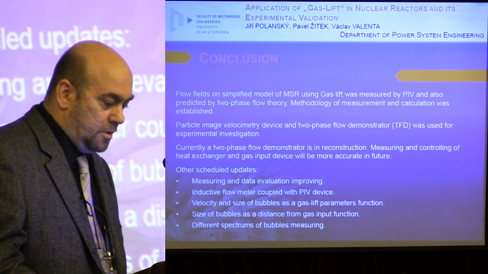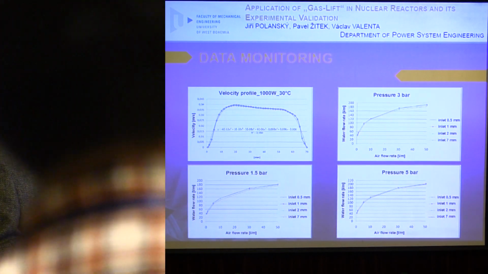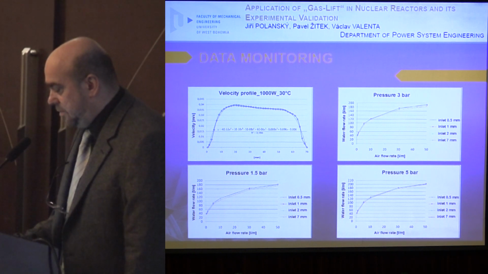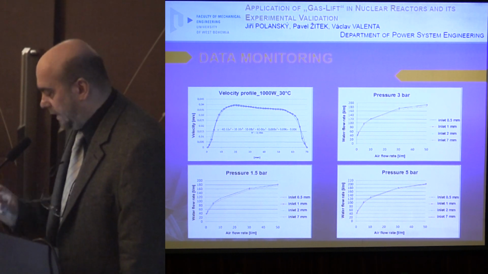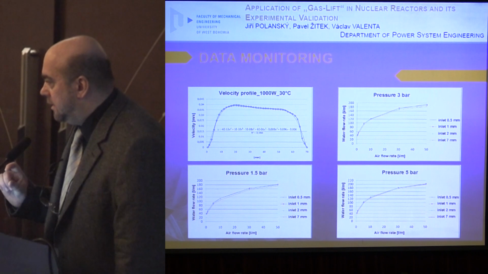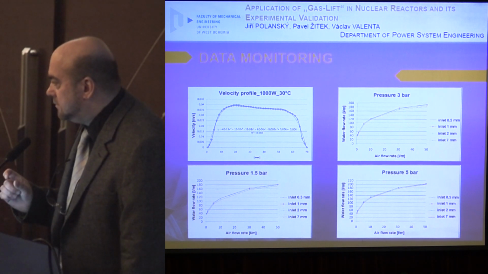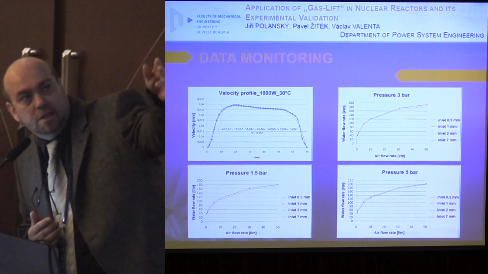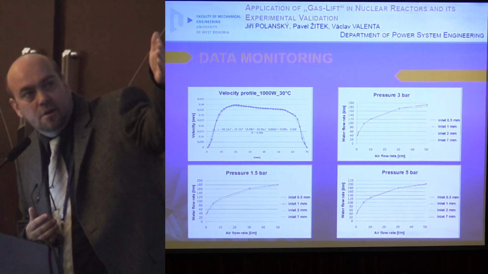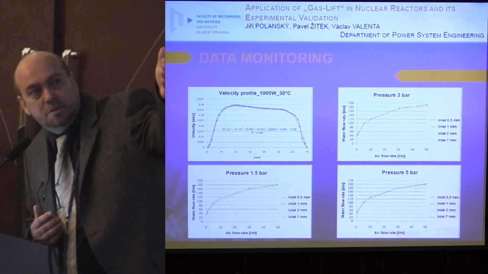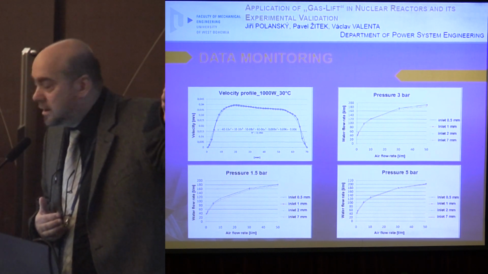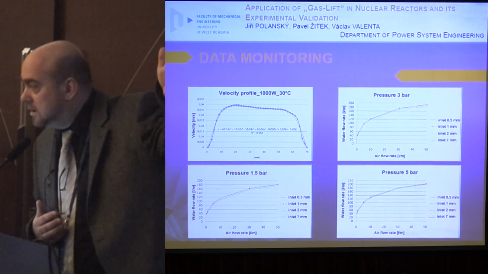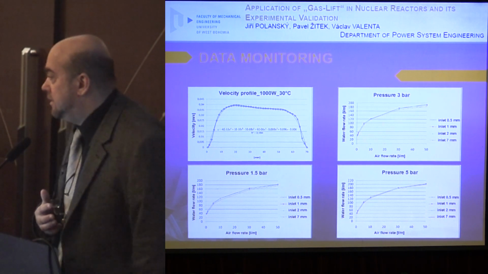We are able to control the bubble size just at the beginning, at the input. It corresponds to the changeable nozzle, and in the results you see that we tested from 0.5 millimeter up to 7 millimeters, and for these results you can see some significant difference.